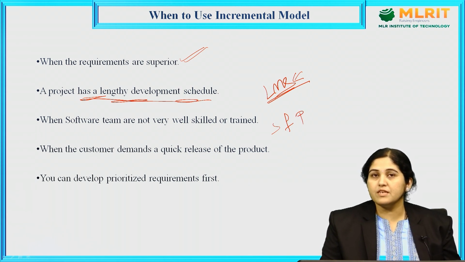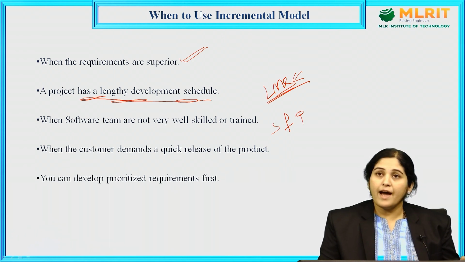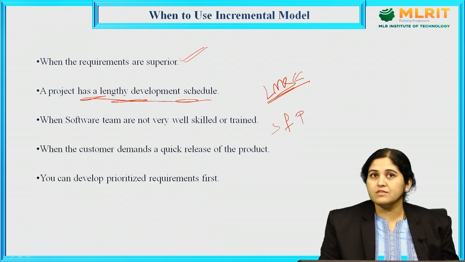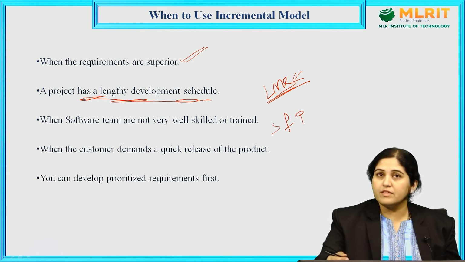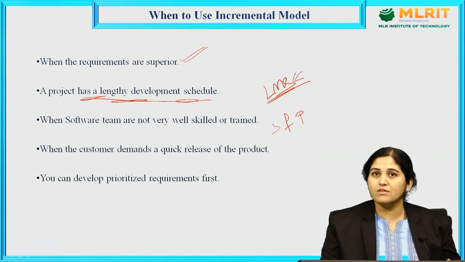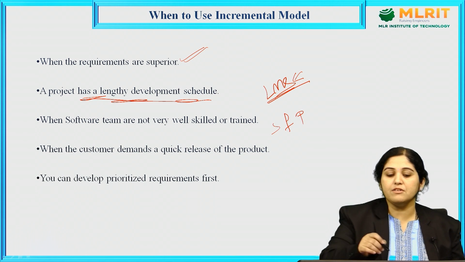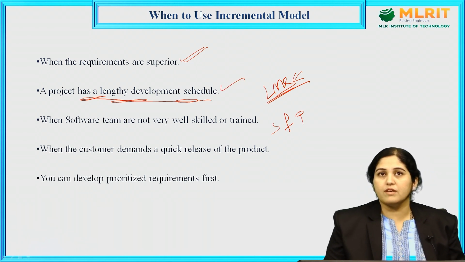And whenever a user uses it as a faculty or as a student, they may want to add extra features, or they may want to remove some features which are not so useful for the particular user. So that kind of application can be a lengthy process. For that kind of project, the incremental model can be used.